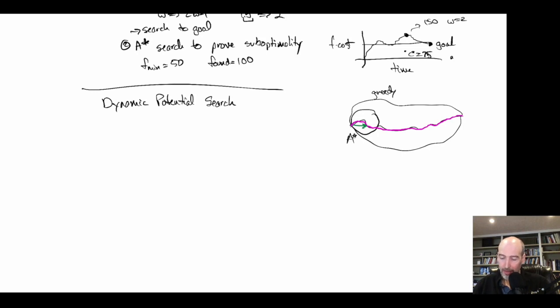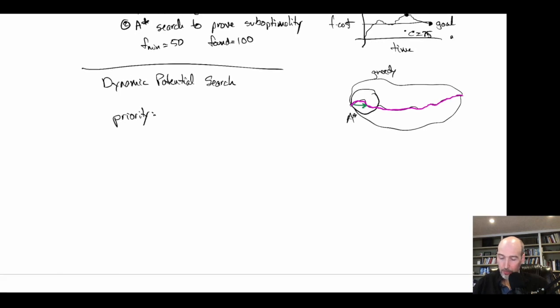Okay, so dynamic potential search is going to look at states with a priority, and again, this is going to be a best first search based on these priorities. So it's going to use a priority of W times Fmin minus G of n over H of n.